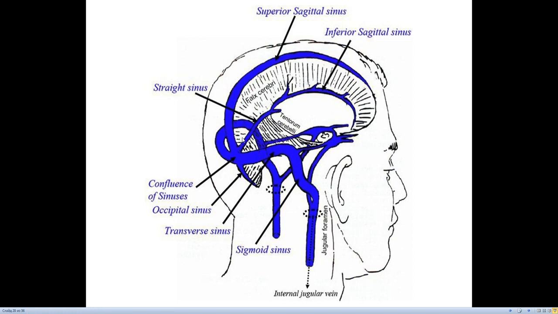Then, from the posterior margin of the great occipital foramen past the confluence of sinuses, it continues from the base of the falx cerebelli, and contains small sinuses of the anterior cranial fossa and ophthalmic veins.